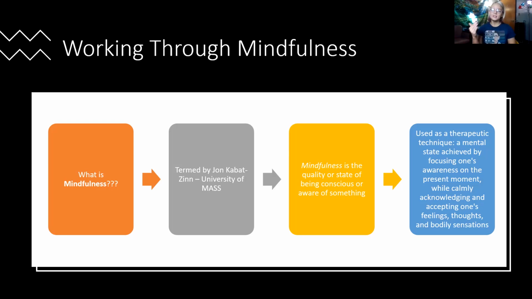So as he started to evolve this mindfulness-based stress reduction program, we come to the new definition of modern mindfulness, which is seen on the screen. Mindfulness is the quality or state of being conscious or aware of something. And most oftentimes, the definition that you'll see from Jon Kabat-Zinn is being aware of the present moment without judgment.